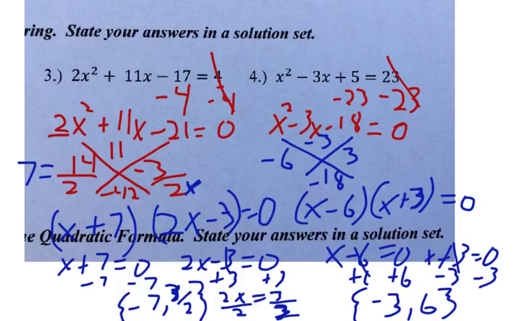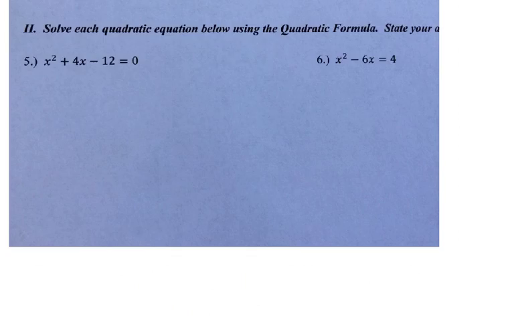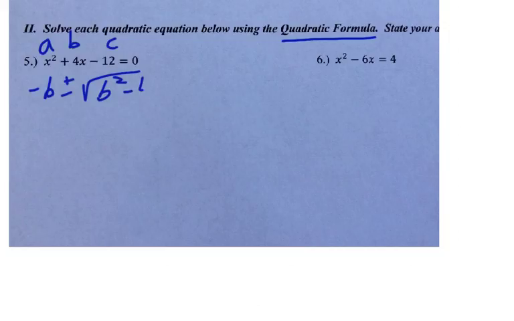Okay, on to number 5. This says using the quadratic formula. So we're going to do A, B, C, and I'm going to write that formula down. It's -b plus or minus square root of b squared minus 4ac over 2a. And remember, we have the Pop Goes the Weasel song to remember that.